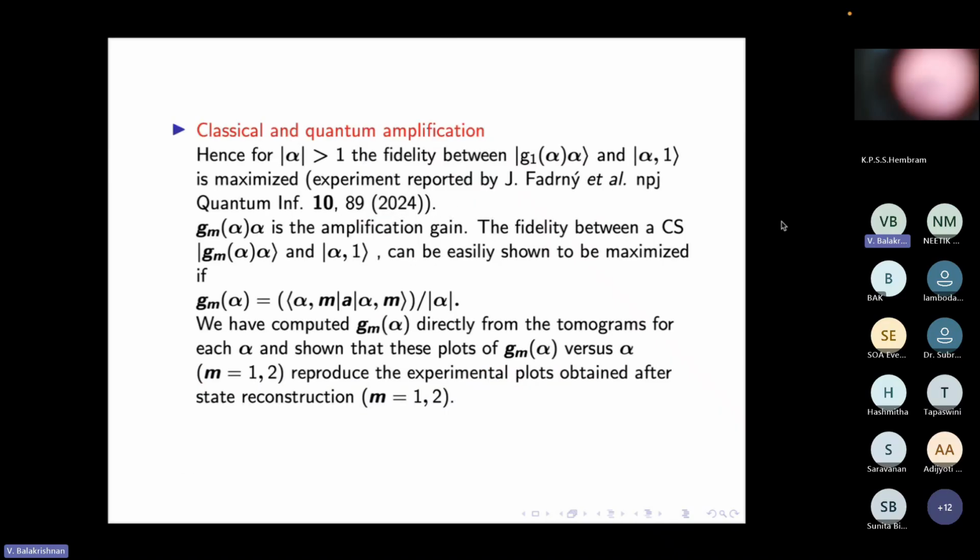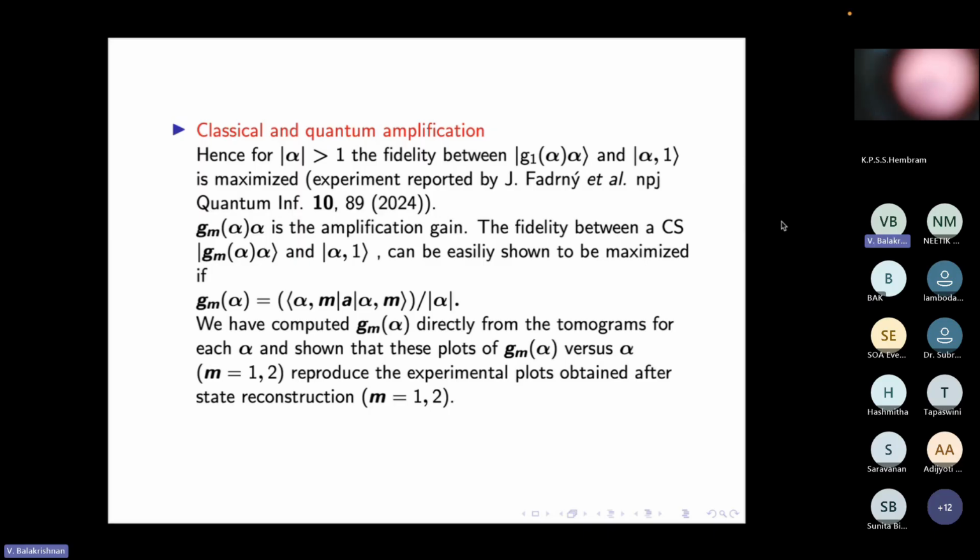This brings us to the subject of classical and quantum amplification. The fidelity between G1 of alpha, which is an amplified coherent state, and alpha comma 1 is maximized for mod alpha greater than 1. This was reported in this experiment. Actually, it is maximized for an M photon state, Gm of alpha, which is defined below.